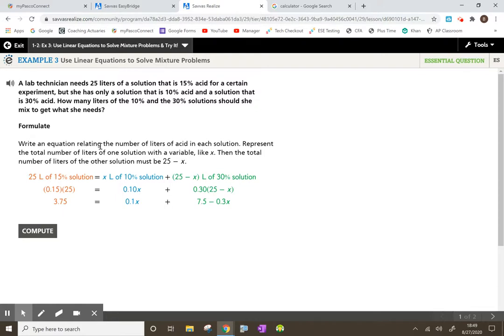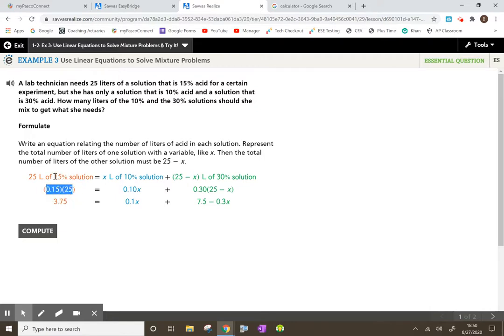In order to write an equation relating the liters of acid in each solution, represent the total number of liters of one solution with a variable like x. Then the total number of liters of the other solution must be 25 minus x. So here's our goal, right? 25 liters of a 15% solution. So 25 times 0.15.